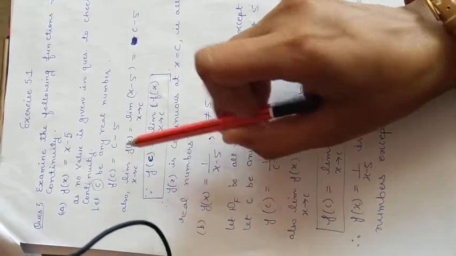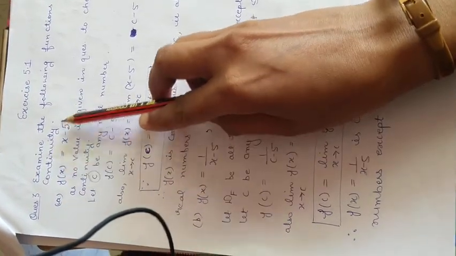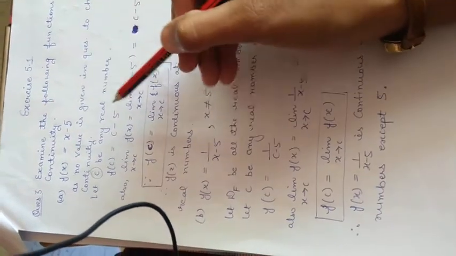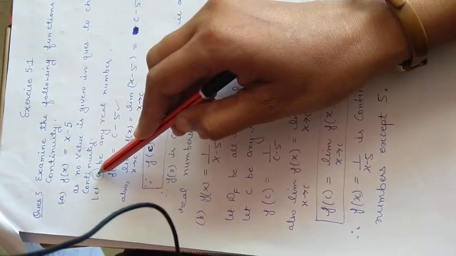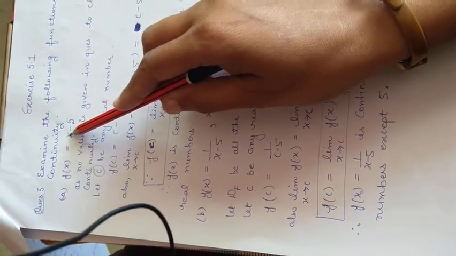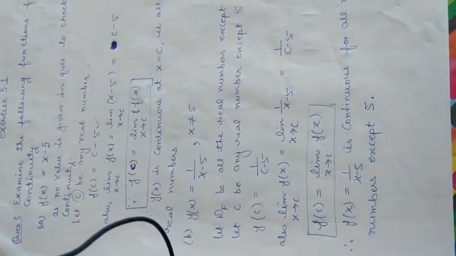Clear? Now if I put this c in this equation, I will get c minus 5. So it is my first step. I have to put this c in this equation, so I will get the value c minus 5.